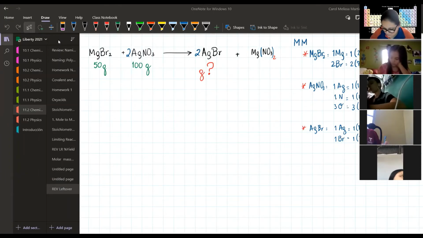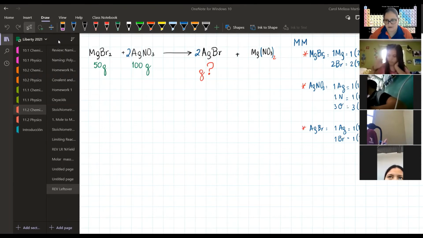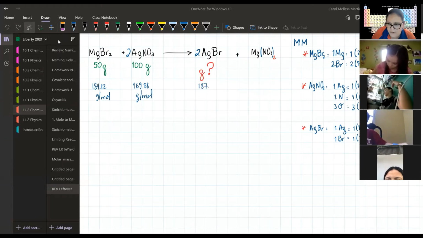Okay, now that you have all your molar masses here, you're going to include them in the reaction. I like to work this way because it helps me visualize everything I have. So I have 184.12 grams over mole here, 169.88 here, and 187.78 over there.